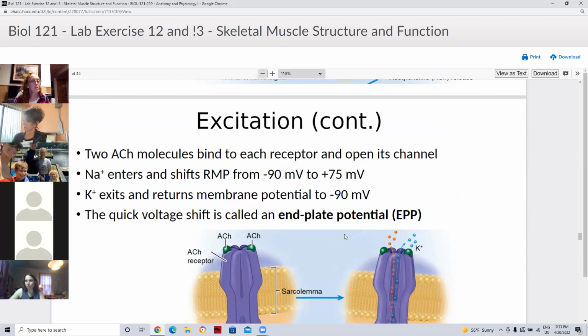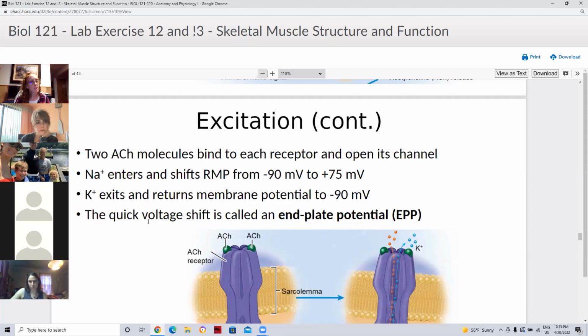Sodium is going to enter, shifting the resting membrane potential from -90 to +75. Potassium is going to exit and return the membrane potential back to -90, repolarizing it. So this is depolarization, the first sodium entering. Potassium moving back out is repolarization, just like we've seen before.